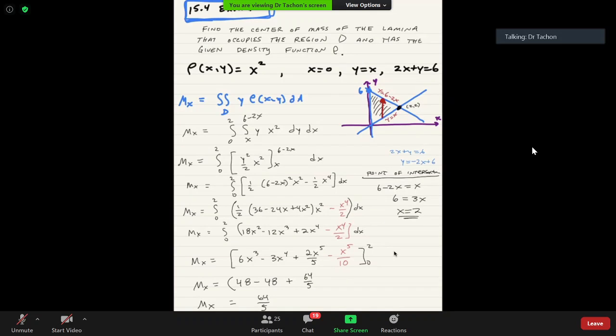So when you evaluate this, it's 32 over 10. So half of 32, so 16 over 5. So 48 over 5.